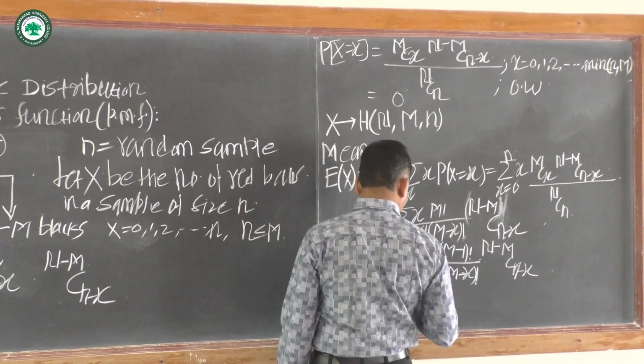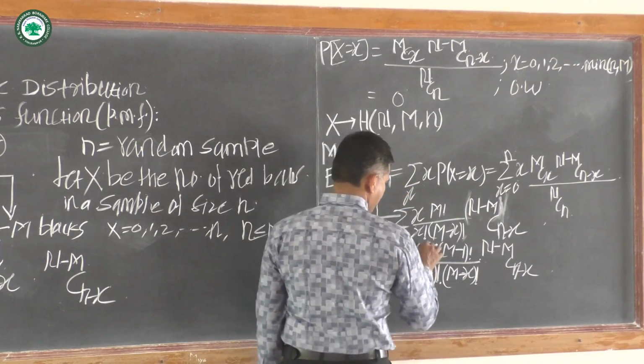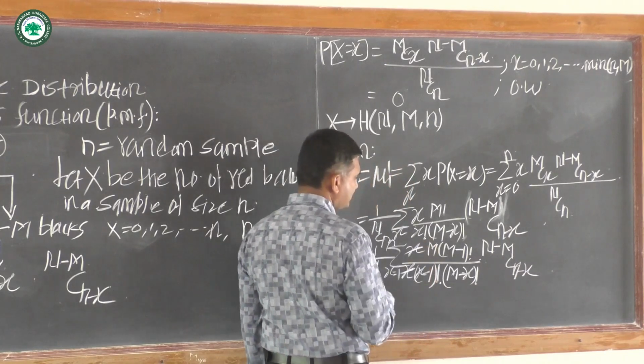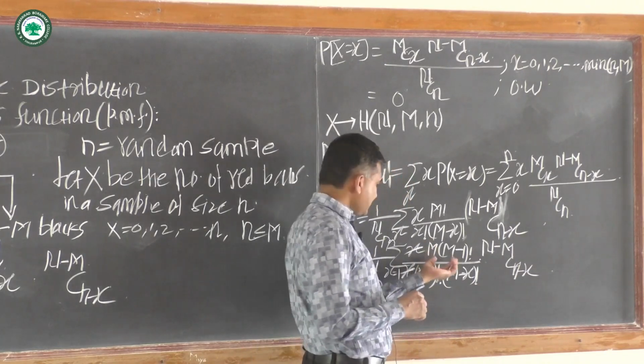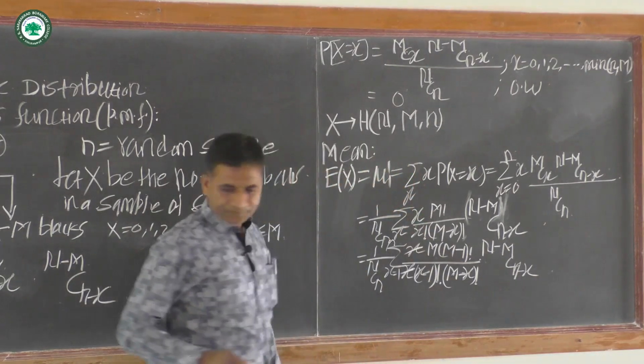Here the summation over x runs from 1 to n. Now here x gets cancelled. Now M is a constant, again take it out of the summation sign, then write down the remaining terms.